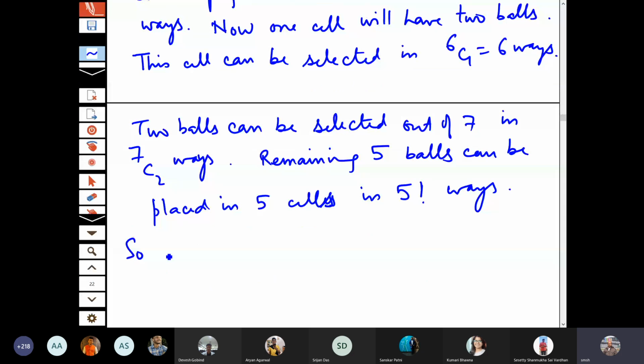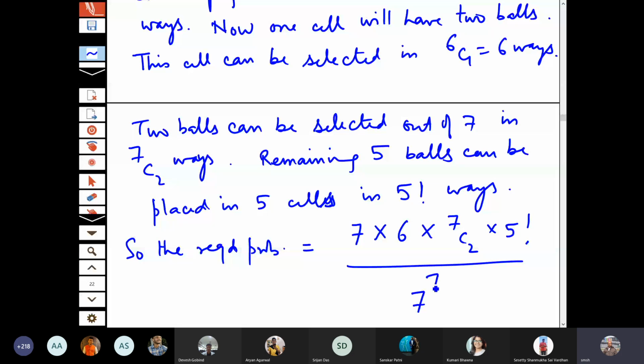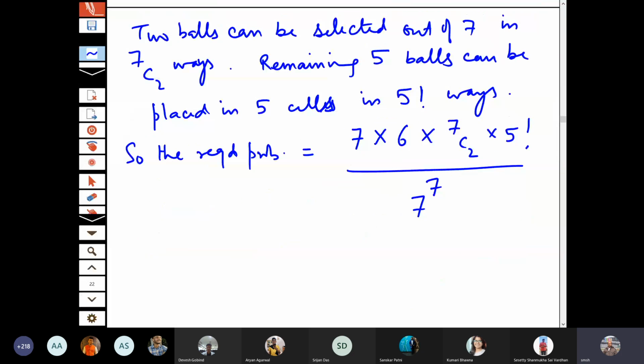So the probability will be 7C1 into 6C1 into 7C2 into 5 factorial, and the total number of cases is 7 to the power 7, because every ball can be put in any of the 7 cells.